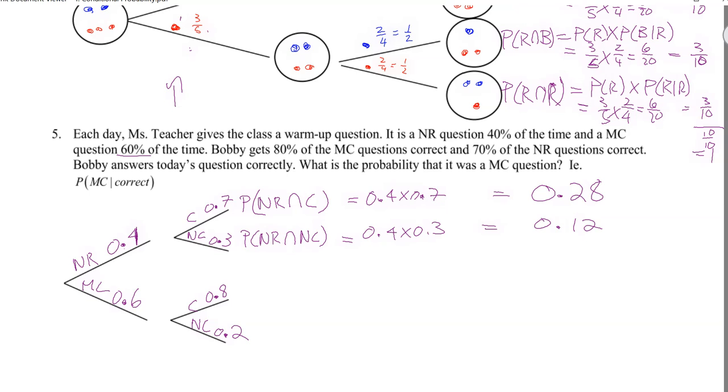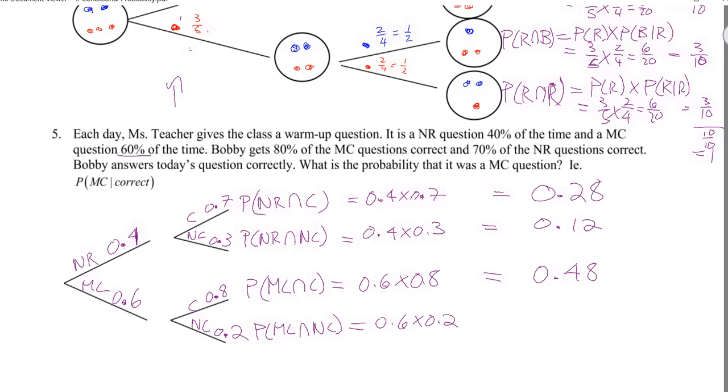The probability that it's multiple choice and correct is 0.6 times 0.8, which is 0.48. And the probability that it is multiple choice and not correct is 0.6 times 0.2, which is 0.12.